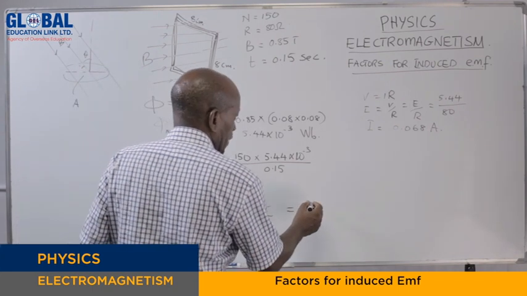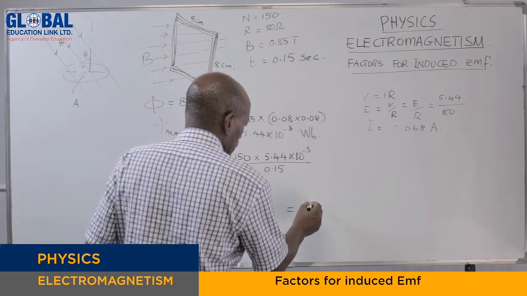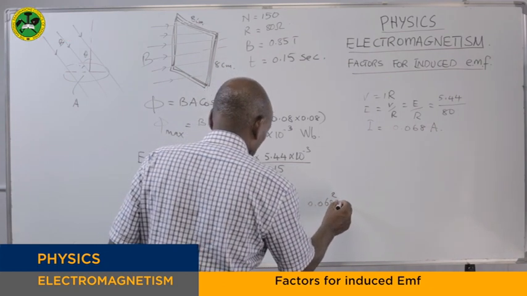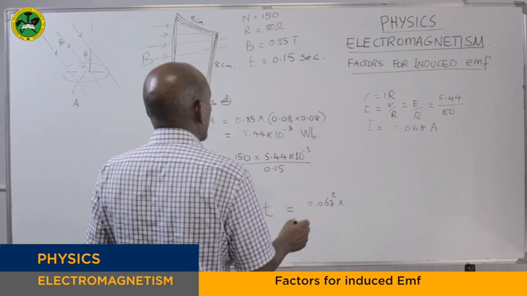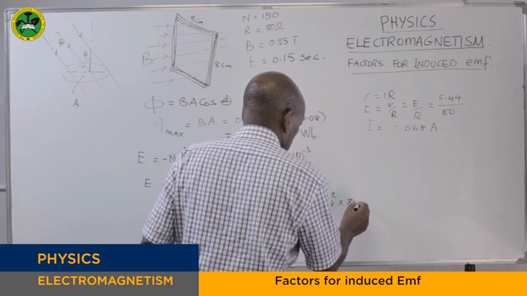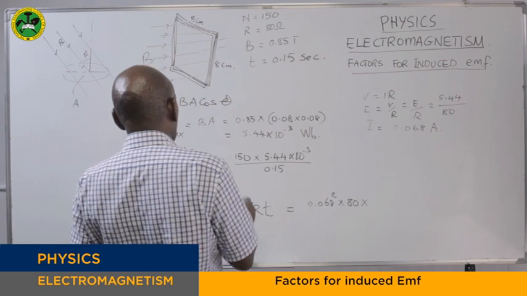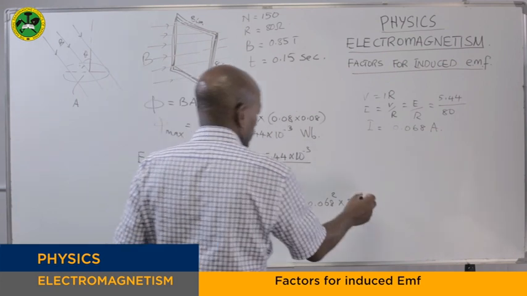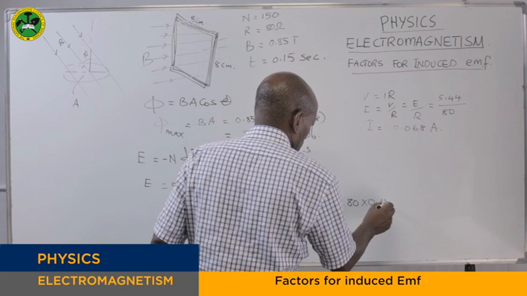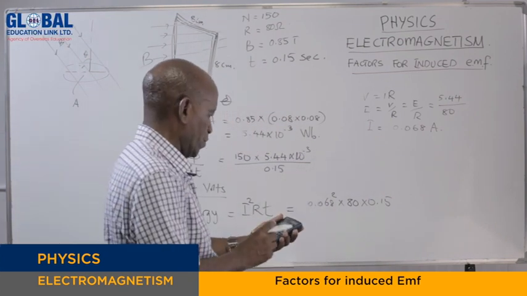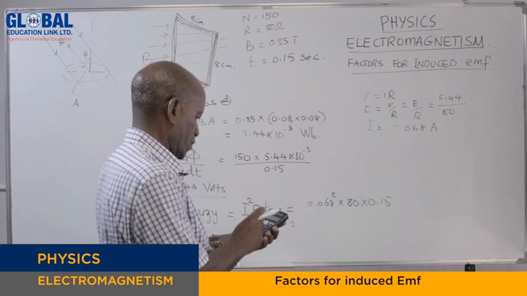If we substitute the current here, which is 0.068, we square this, times the resistance of 80 ohms, times the time T, which is 0.15.